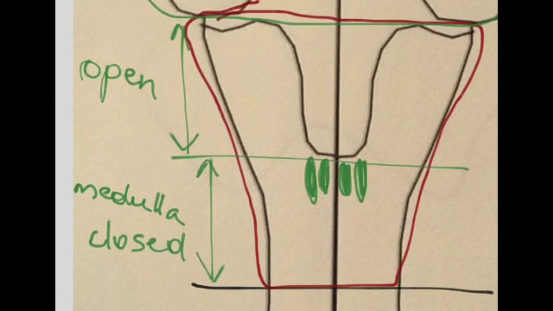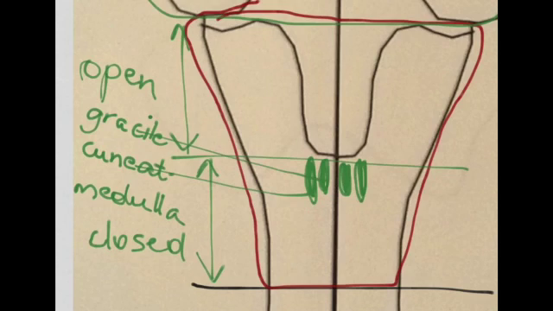But at this level, we already talk about two separate tracts and nuclei, the gracile and the cuneate tract and nuclei.